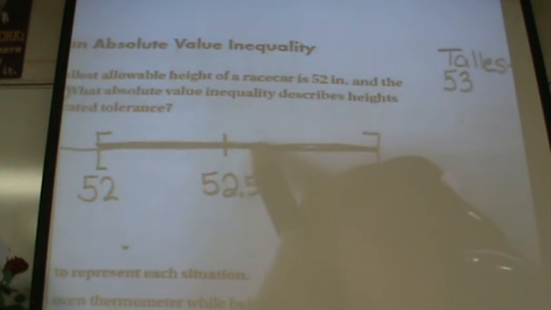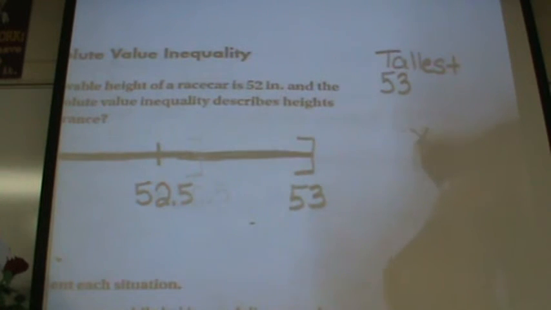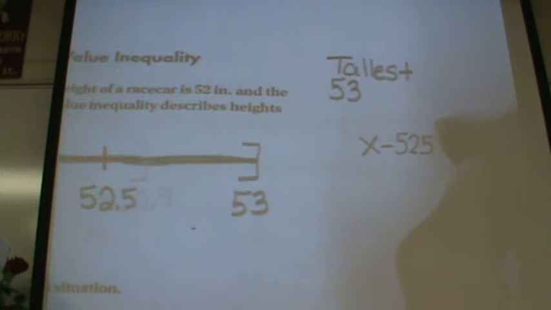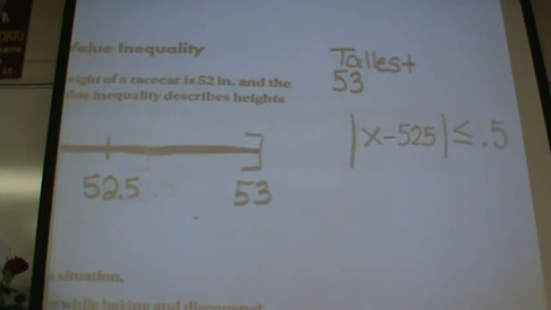Okay, so now can you write an absolute value for this? X minus 52.5 is, greater... you got it.